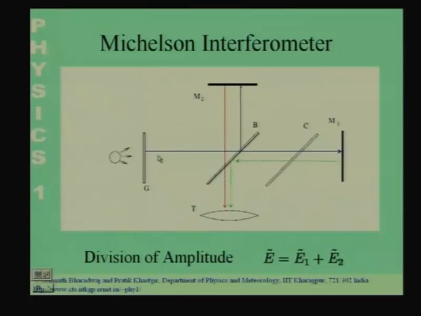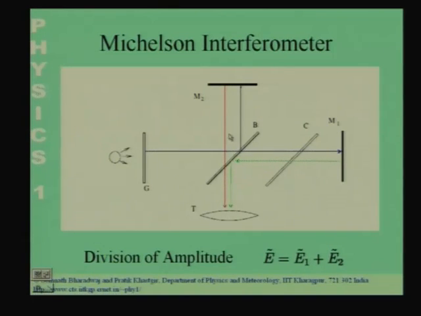In the last class, we were discussing the Michelson interferometer. The Michelson interferometer, as I told you, works by the division of amplitude. So, we have an extended source from which the incident light falls on a beam splitter, and the beam splitter divides a single wave front into two wave fronts, one which is reflected and another which is transmitted.